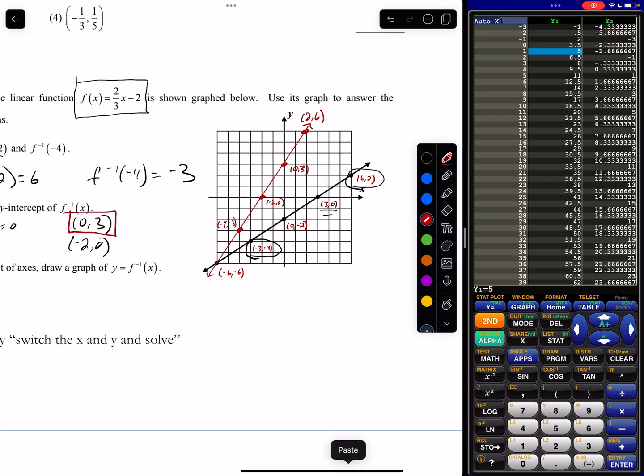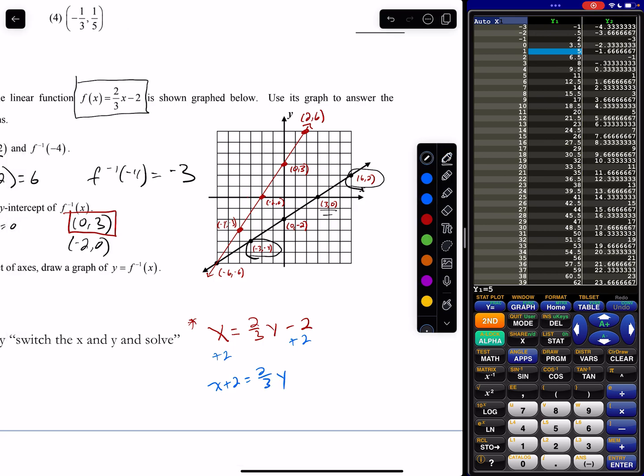So what I'm going to do, I'm going to write out the function. I'm going to say x equals 2/3 y minus 2. And now I'm just going to solve for y. So if I solve for y, I'm going to add 2 to both sides. So I will get x plus 2 equals 2/3 y.